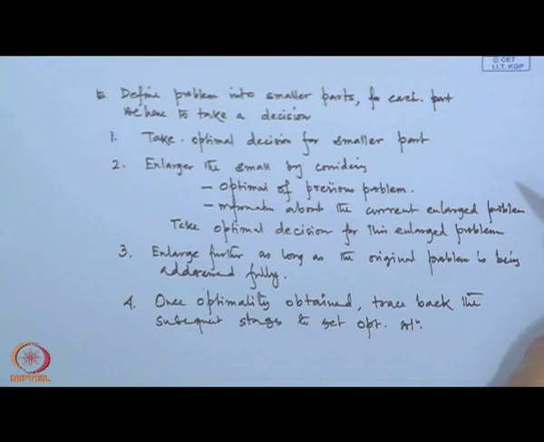Now, this dynamic programming concept was invented in the 1950s by the American mathematician Richard Bellman. Dynamic refers to the decisions, since we are taking decisions in several stages, and programming stands for planning, or setting the action in the best possible way.